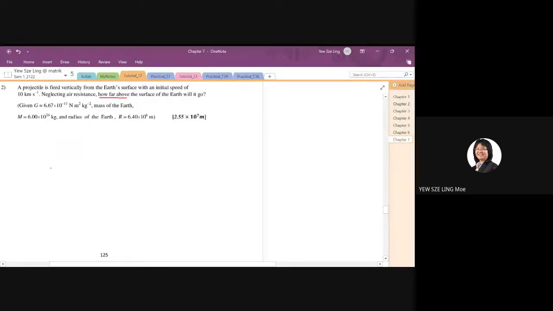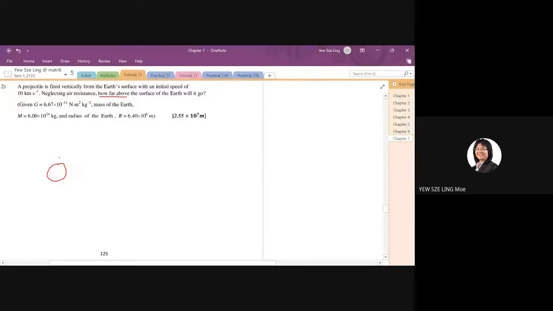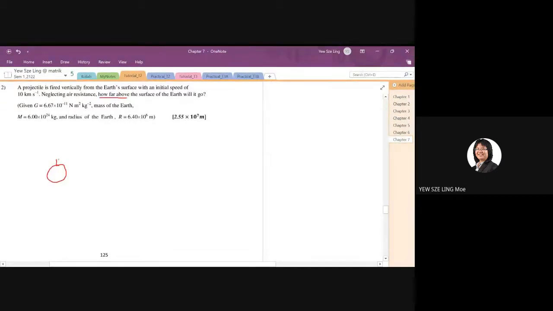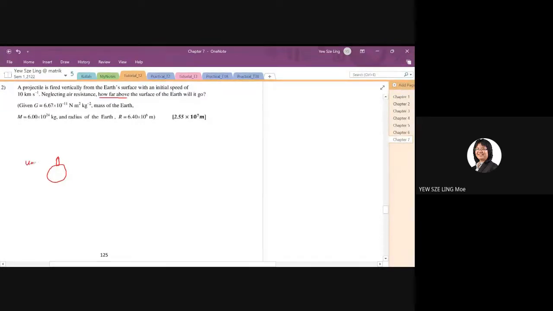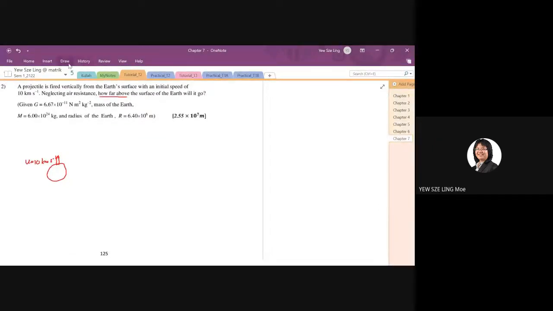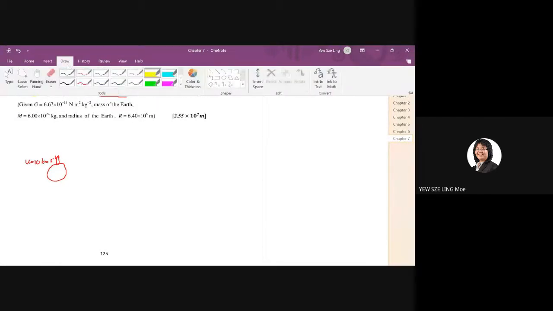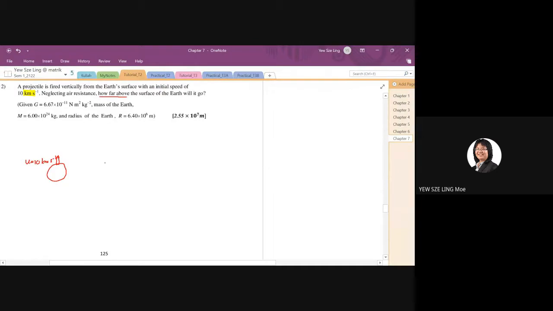This is the Earth, and you want to fire a projectile. Initial speed given is 10 km s^-1. You have to be careful with the unit given. Given in terms of km per second, you yourself need to convert it into meter per second.